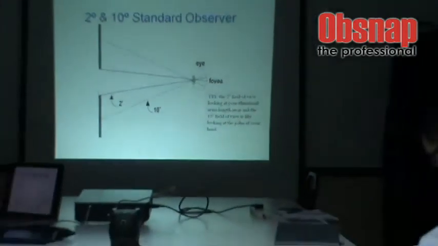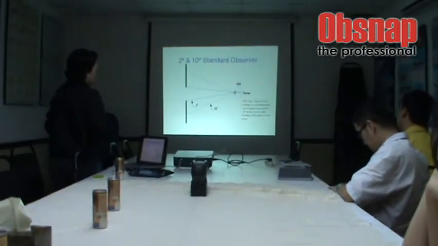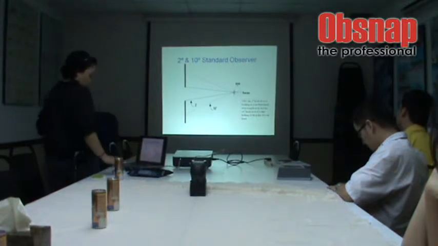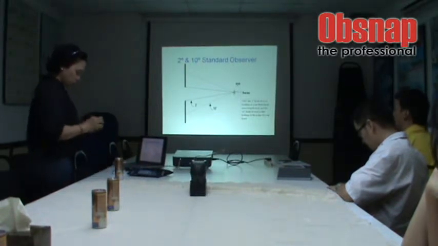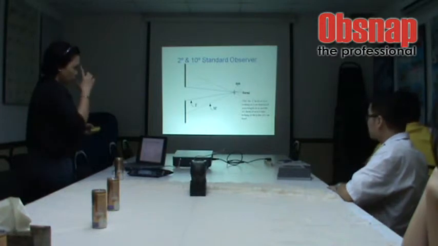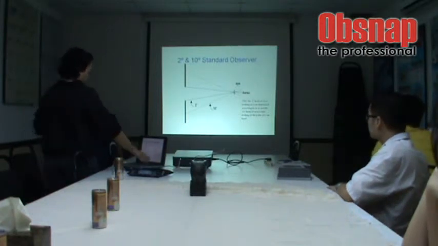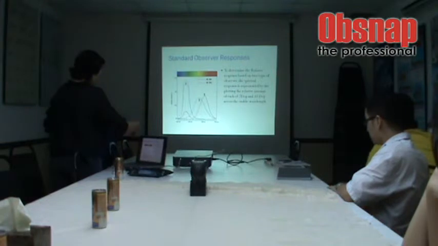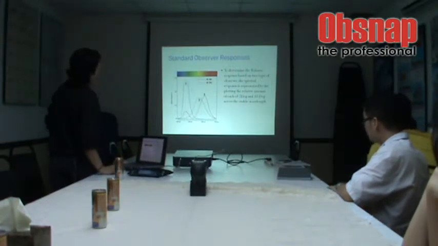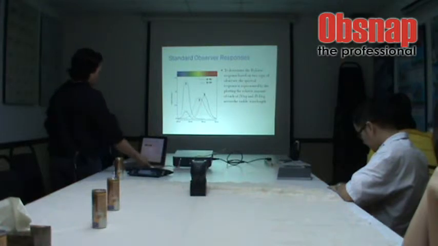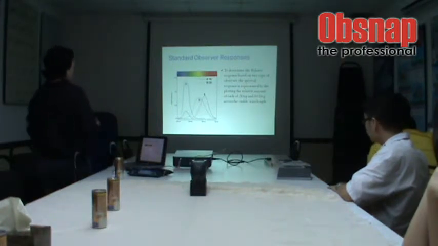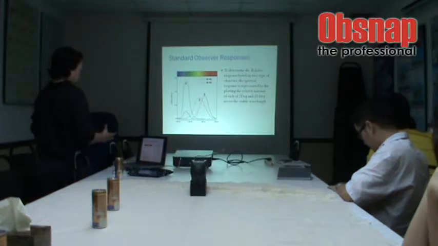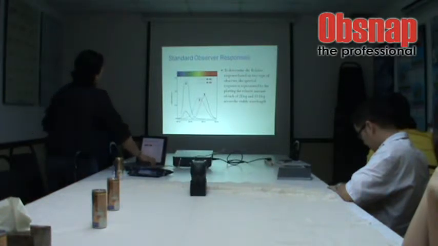So this is what we call the 2-degree and 10-degree observer. In color science, this is very important because when you measure a small and a big object, your eyes also change the sensitivity. So there is a slight difference. This tells you the difference between the 10-degree and the 2-degree observer: the 10-degree has a bigger field of view, and it's more sensitive than the 2-degree.